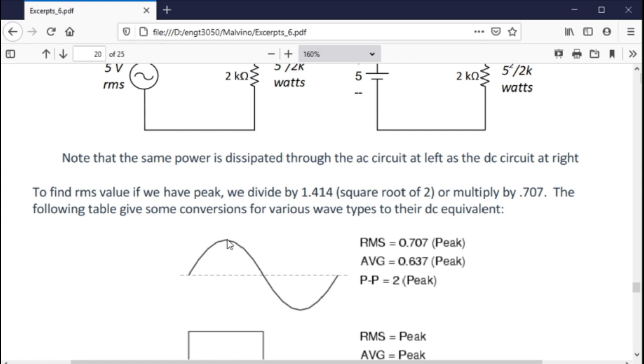So 155 would be the peak value, and 110 would be the RMS value for the waveform coming out of the wall that you would have in your room or here at the university. So anytime you plug something into a wall socket, you can expect 110 volts AC, but that's RMS. So the actual value of the peak of that signal is 155.